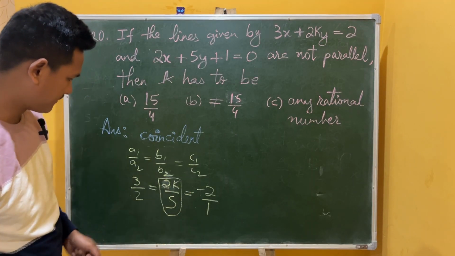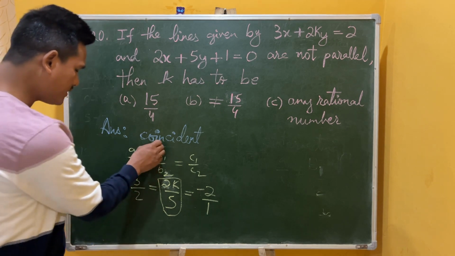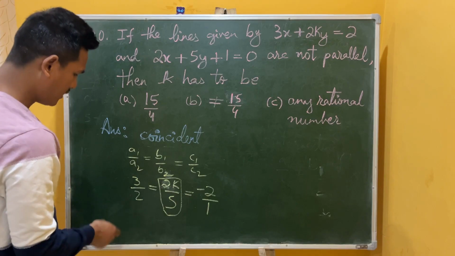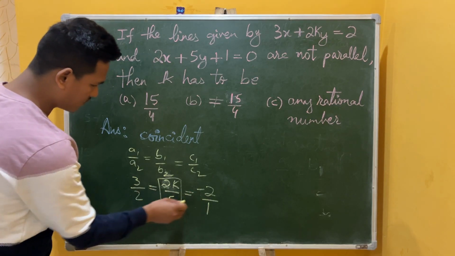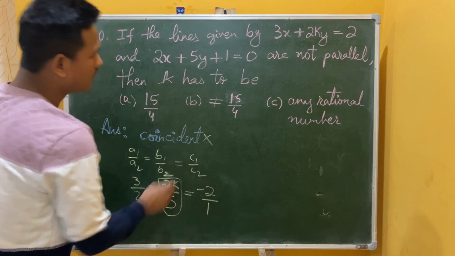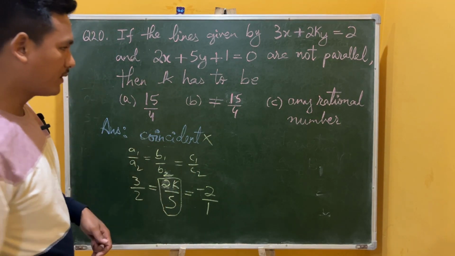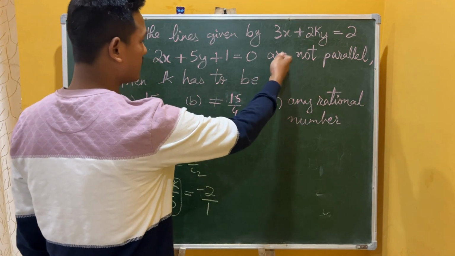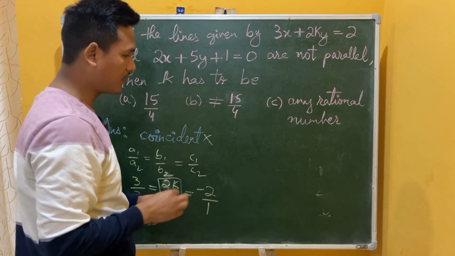So forget about this. But if this is coincident, the first and the last ratio also must be equal. Looking at them, 3 by 2 is not equal to minus 2 by 1. Therefore, this is not coincident. So if it is not coincident, it has to be intersecting, because in the question they are saying it's not parallel either.